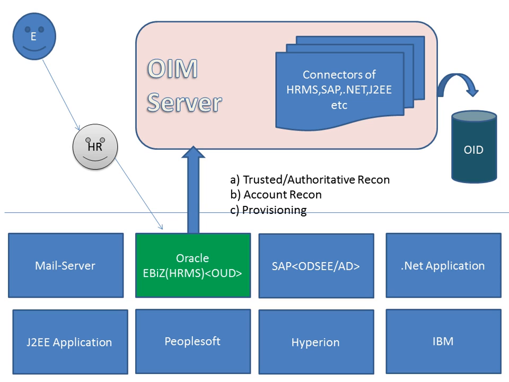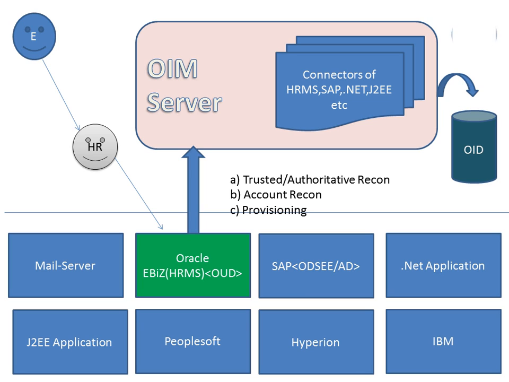HR will create the active employment record in the HRMS system, and that record will be fetched from the HRMS system into OIM automatically. This is called trusted or authoritative reconciliation. I will show you that. I will create some users in OUD or the HRMS system, and from there the user will be fetched into OIM.